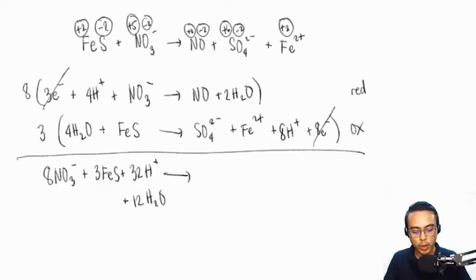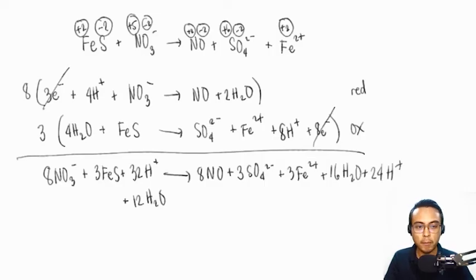On the product side, we have 8 NO plus 3 SO4 2 minus plus 3 Fe2 plus 16 H2O plus 24 H plus. Now we can further simplify this equation by cancelling some of the excess H plus and H2O.